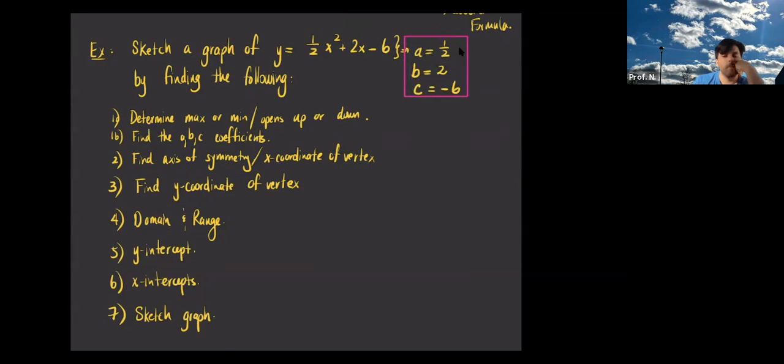So who can tell me if this has a max or a min, if it opens up or down? What happens with this one? Does it open up or down? Does it have a max or a min? And how do we know?